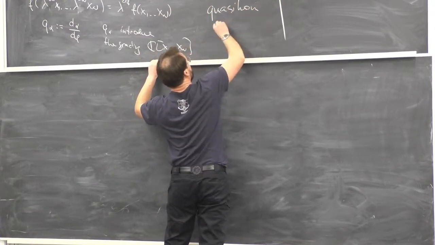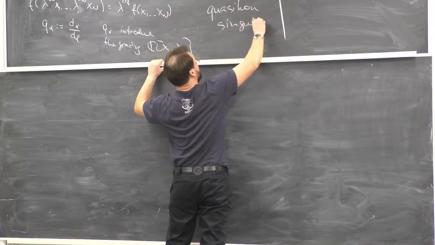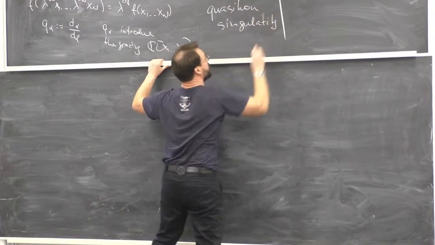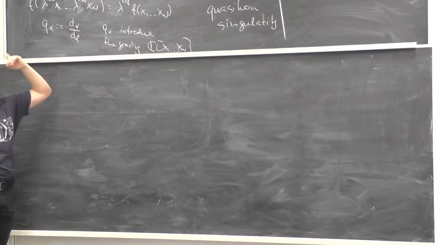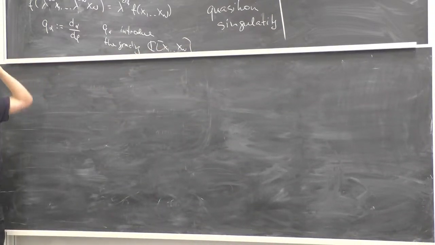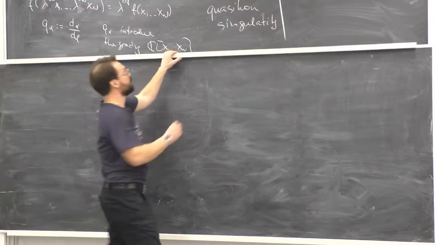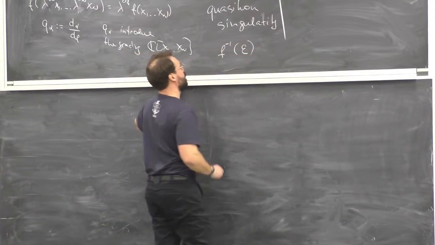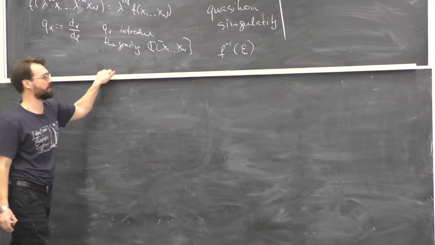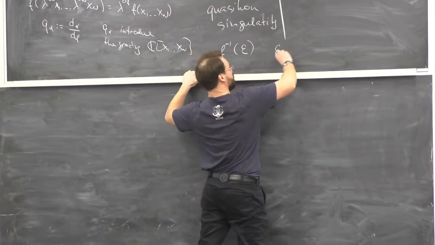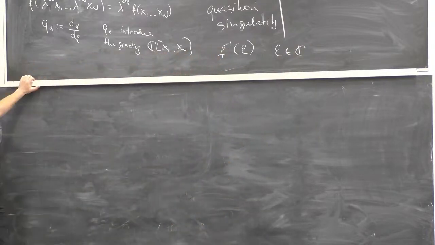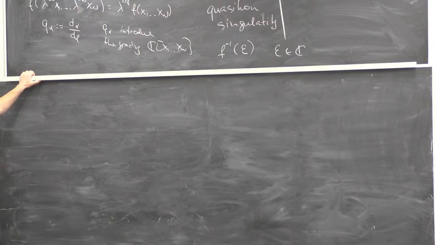If one speaks about the singularity, one should assume the variety f^{-1}(epsilon) for different epsilon in C. Then the singular fiber is over epsilon equal to 0.